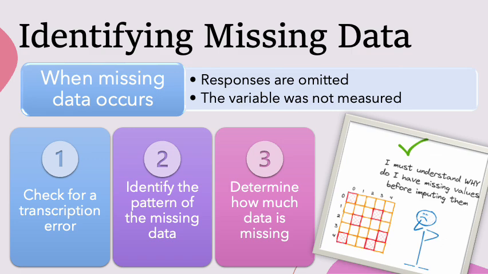Missing data can occur when a study participant or subject either deliberately or accidentally omits responses to a variable. You may see this in a survey where a participant chose or forgot to answer a question.